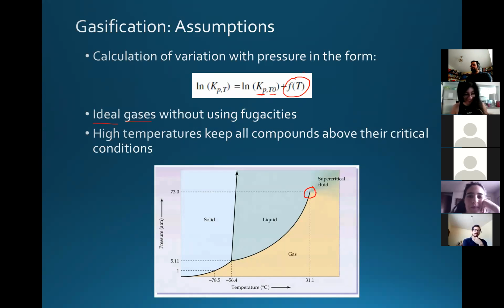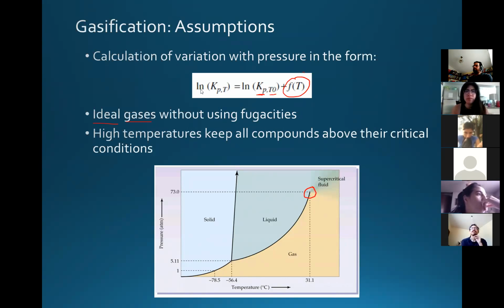Any questions for the moment? It looks like Ian doesn't like to use audio. The fugacity, Ian, is a way to model real gases. If you remember in chemistry and in thermodynamics, you used an equation.